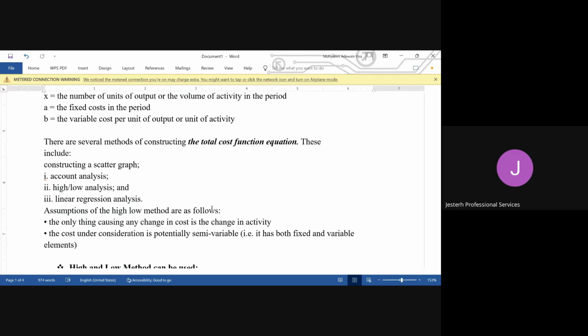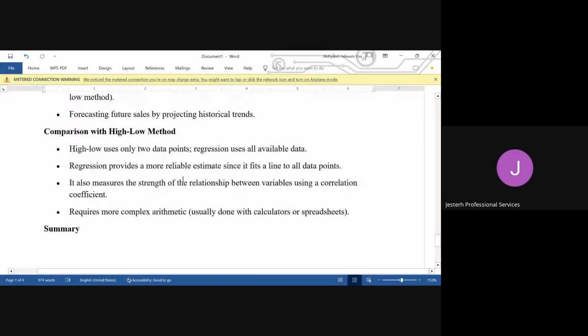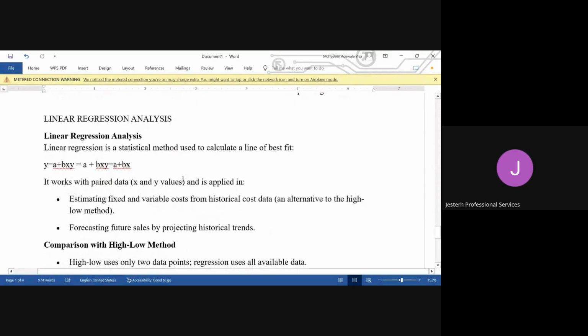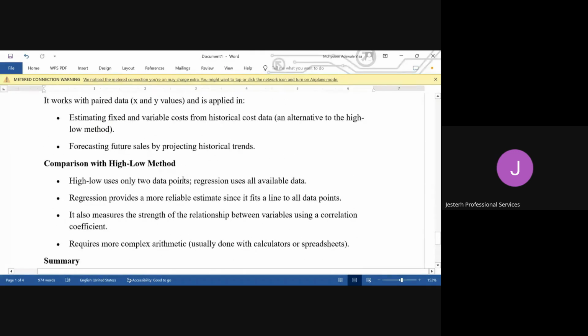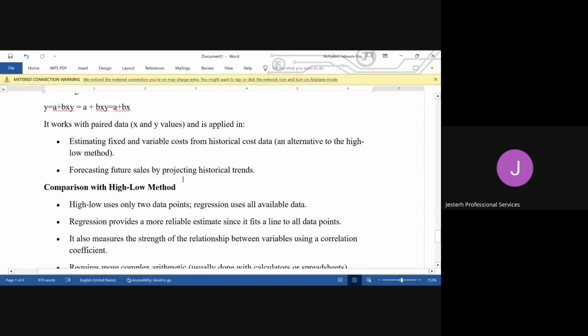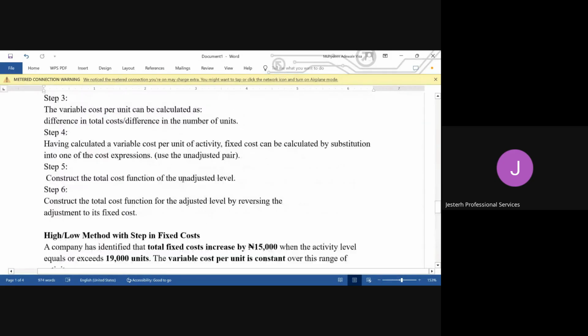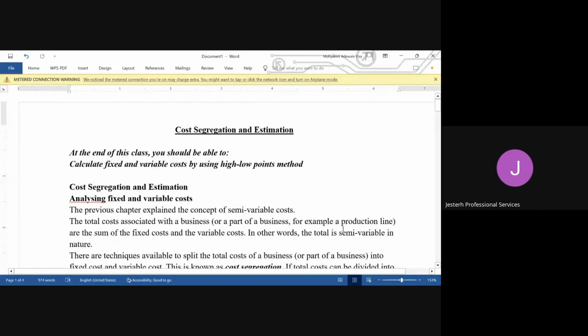And then in the next class, we are going to discuss linear regression as well, and how we can use linear regression to split our costs. And then the comparison, what they are in comparison with the high and low method. Those are the things that we are going to discuss on Wednesday.